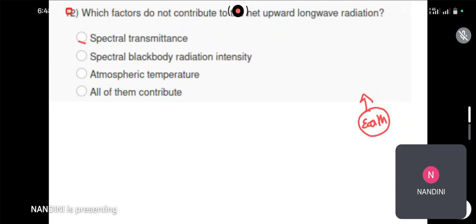So spectral transmittance does contribute, and so does spectral black body radiation intensity. It totally depends upon the intensity of the radiation being emitted. Then atmospheric temperature: based on the temperature, this emission is happening. It determines how much intensity of radiation is emitted from each layer. So the answer is all three are contributing to the net upward long-wave radiation.